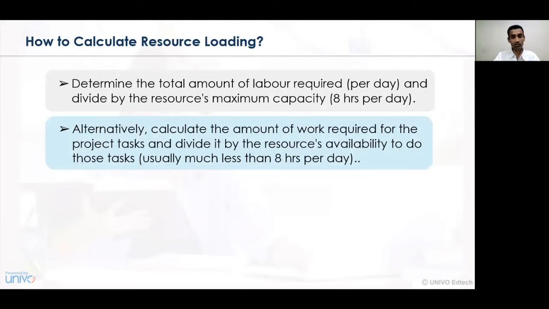Alternatively, the amount of work required for the project or task that has been undertaken is divided by the resource availability. So, whatever number of resources are available with us, it is divided by the total working hours or the total work that needs to be employed in an organization.